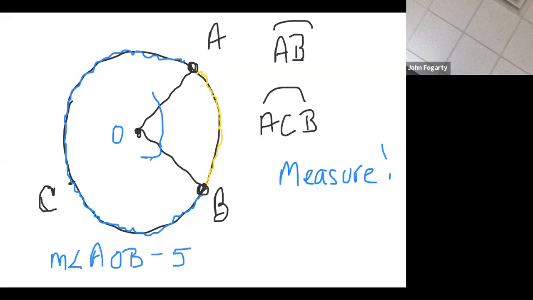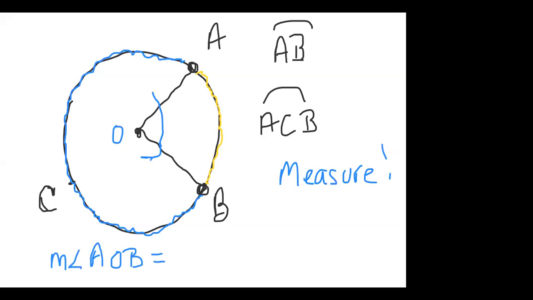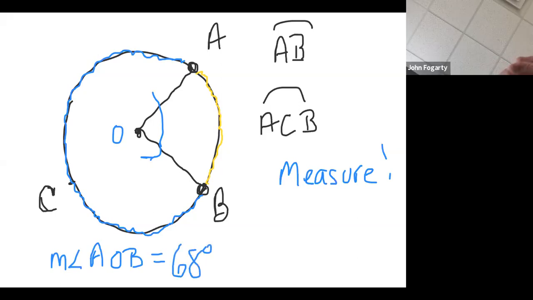So if I told you that the measure of angle AOB was 50 degrees, okay? Let's not make it 50. Let's make it 68 degrees. So this picture right here, this is 68 degrees, okay?